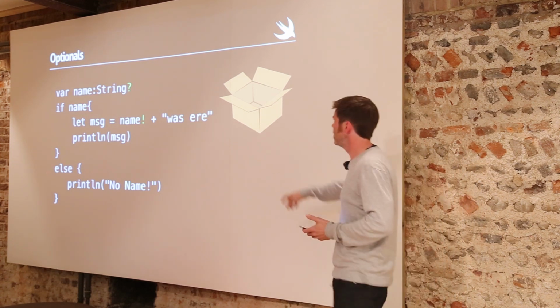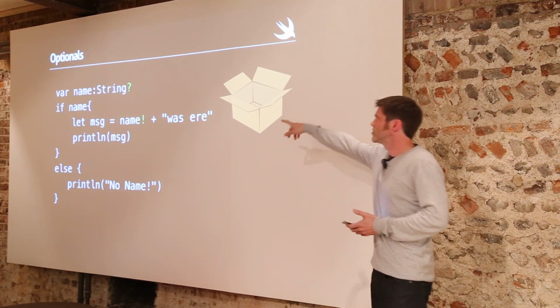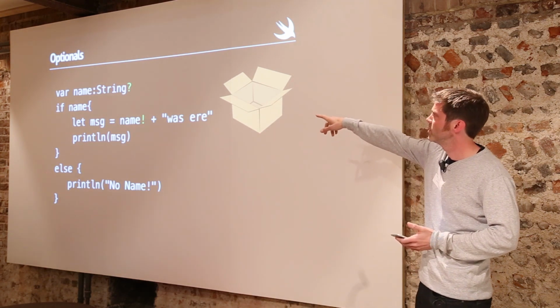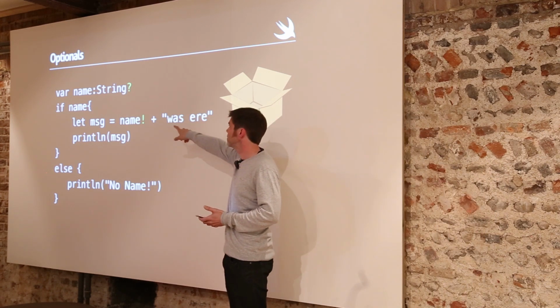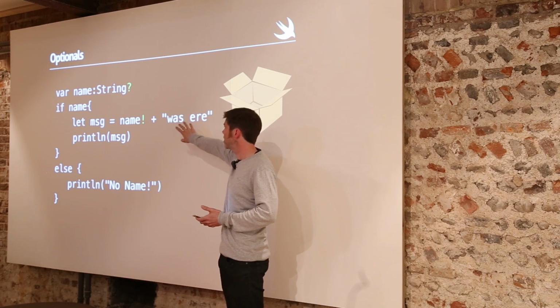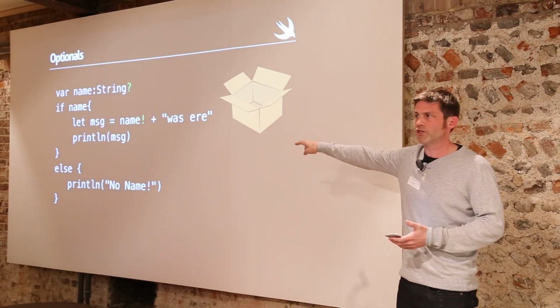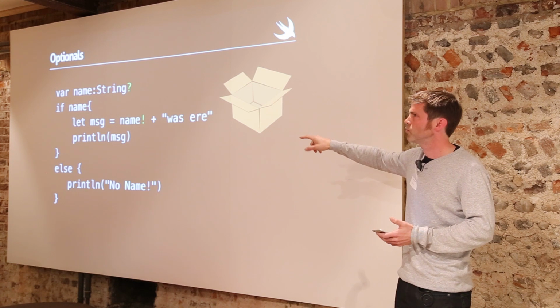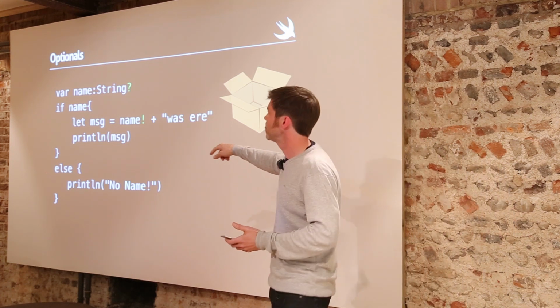And then moving on to the green exclamation mark here. This is basically saying if this conditional runs, then name has a string value. But the compiler is still going to complain about this without the exclamation mark, because it knows it's an optional, and so it says, well, you're an optional, so you might be nil, and you haven't covered all the cases.